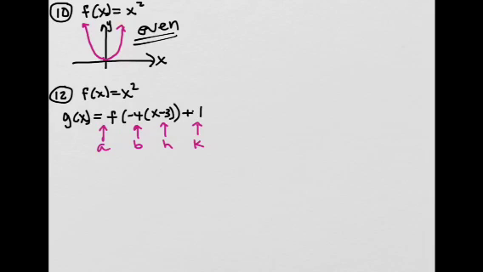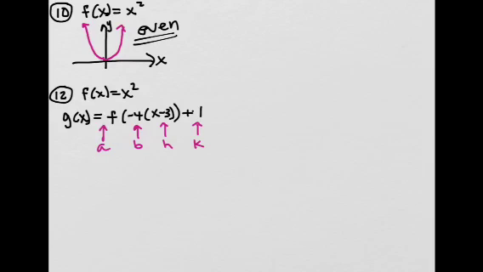Well, a in this case is 1 because there's nothing in front of f. B is -4, but remember it's counterintuitive, so we're actually going to multiply by 1/4. H is 3, and k is 1.